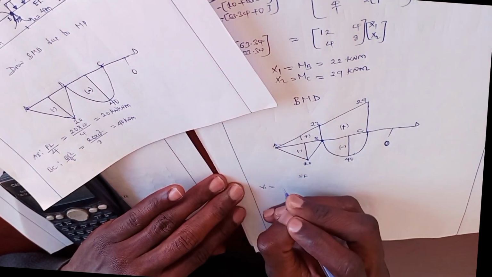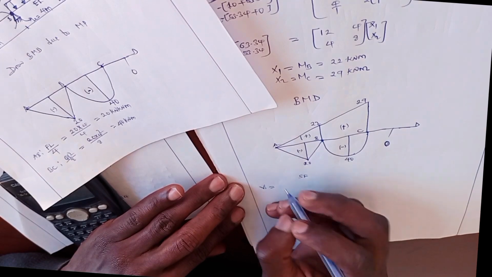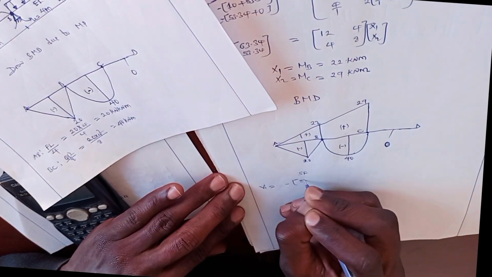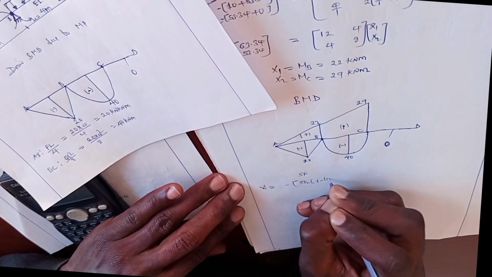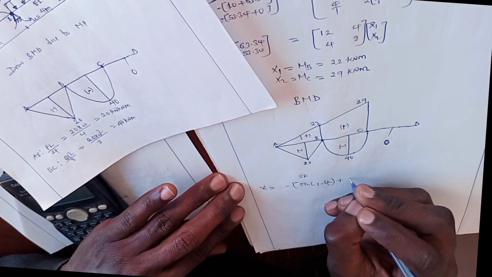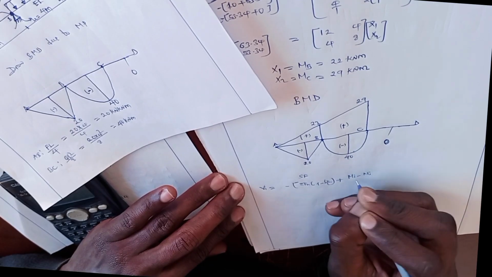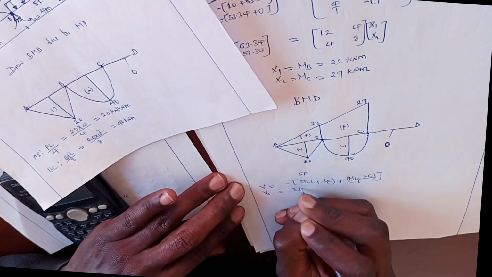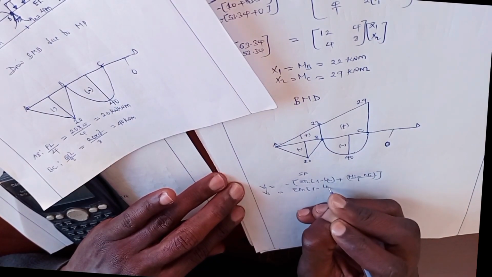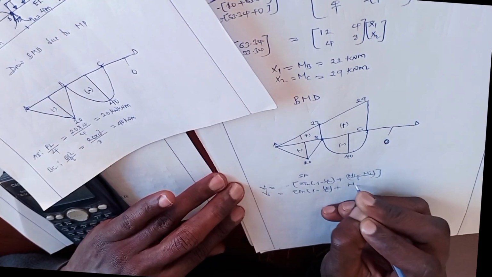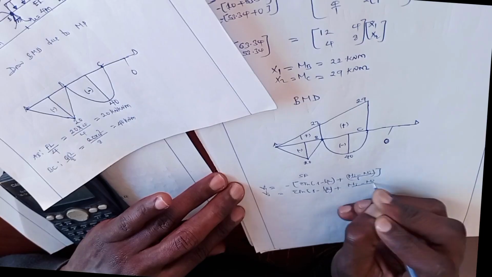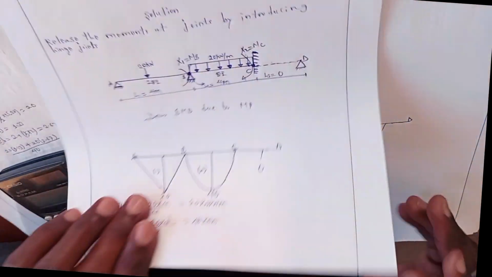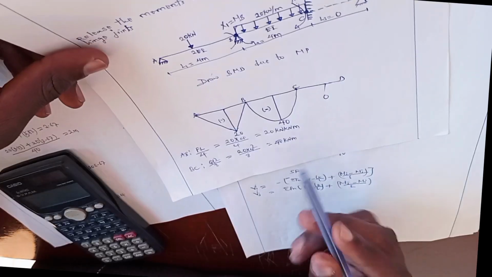VI is given by VI is equal to negative summation Fn times 1 minus Lk over L plus Mi minus Mj over L. Vj is equal to summation of Fn times 1 minus Lk over L plus Mj minus Mi over L. Now, Fn is point load.